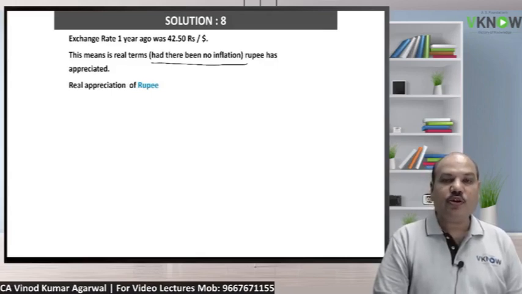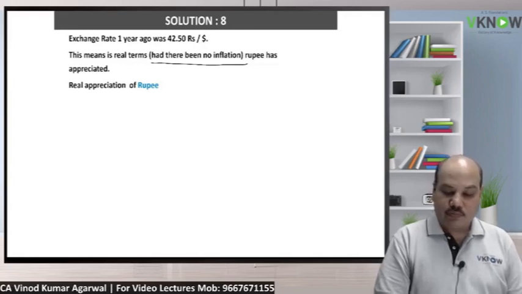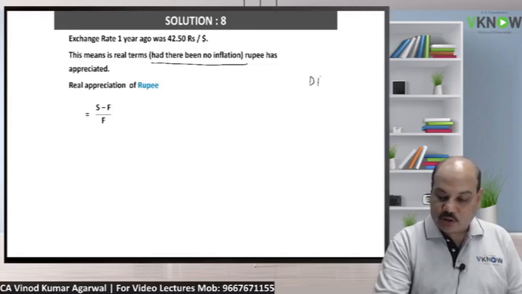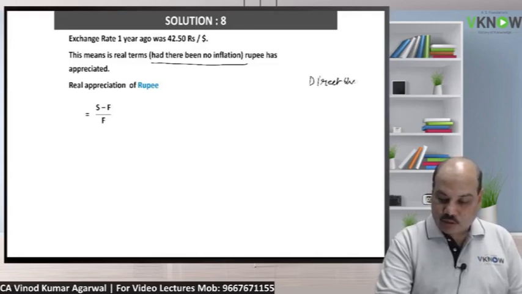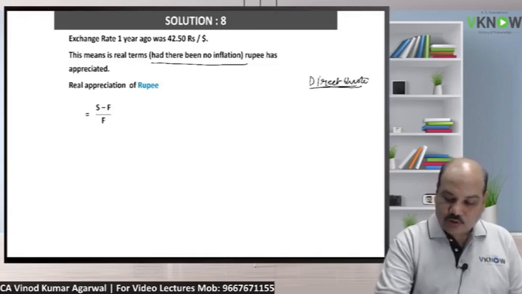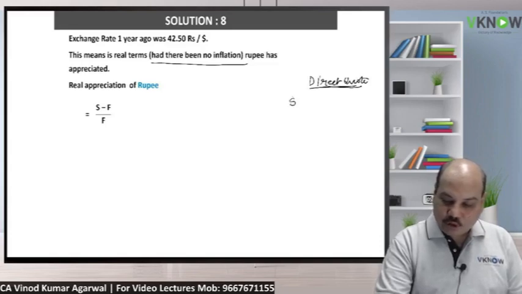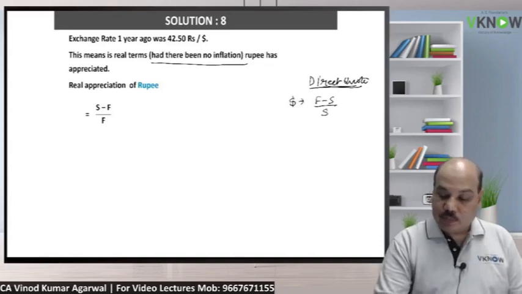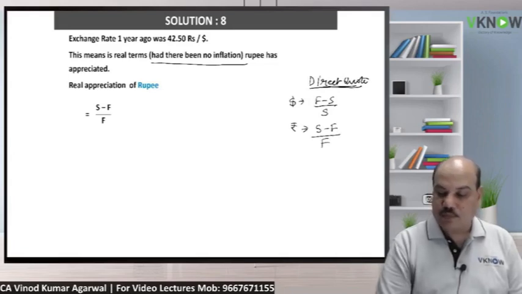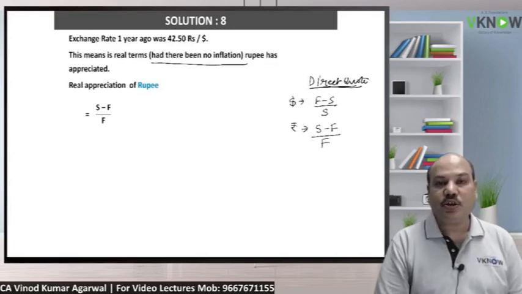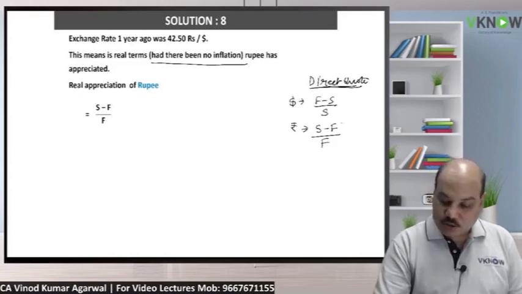If there was no inflation, rupee had appreciated. So the real appreciation of rupee will be, now remember we have discussed in your batch, if direct quote is given, then for dollar, the formula for appreciation is F minus S by S. But for rupee, the formula will become S minus F upon F to find out the appreciation or depreciation in rupees.